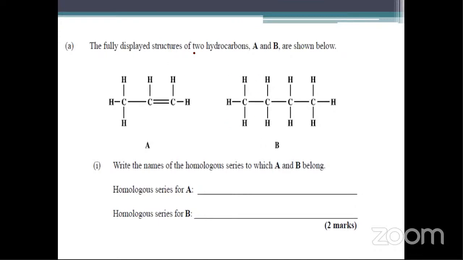It says the fully displayed structures of 2 hydrocarbons A and B are shown below. Write the names of the homologous series. So you have to write if it's an alkane, alkene, alcohol, carboxylic acid, or ester. Which homologous series is A from?